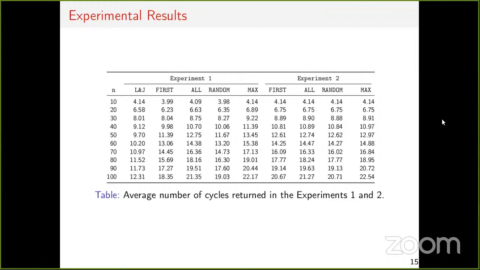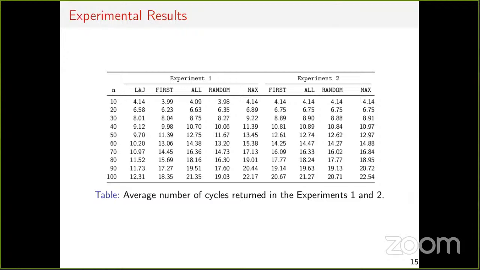But for sizes bigger than 20, on average, the greedy algorithms always perform better. And among those algorithms, the one with better results is the max variation, which does better than the Lin-Jiang algorithm, even for instances of size 20 on average. For experiment 2, the results are similar.